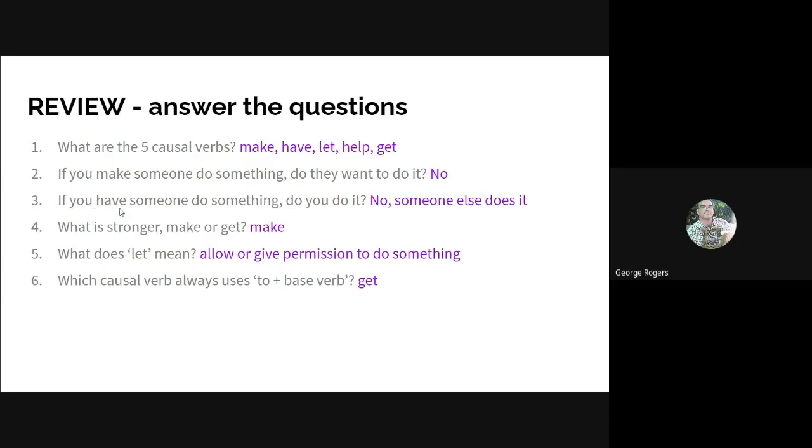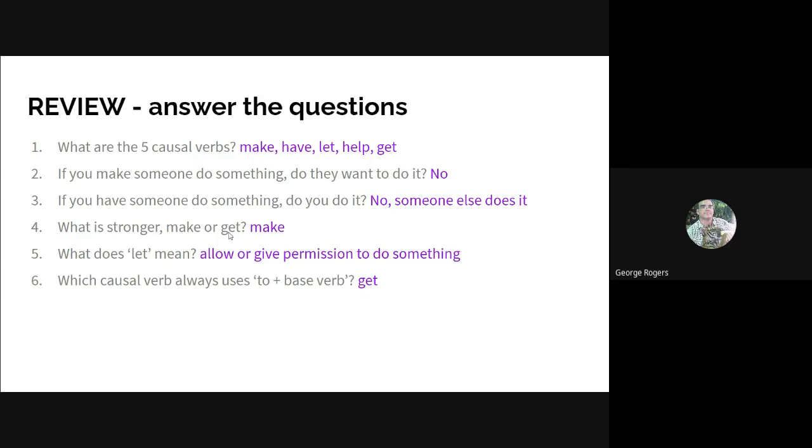And if you have somebody do something, again, this word have, do you do it? No, somebody else does it. Number 4, which is stronger, make or get? Make is stronger.